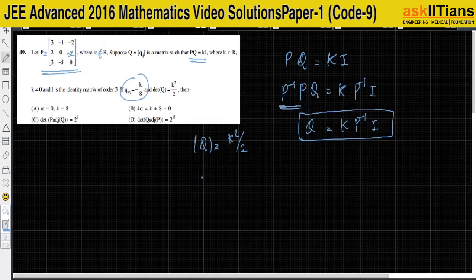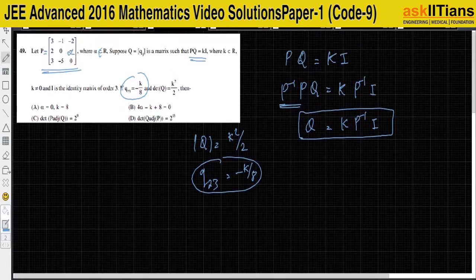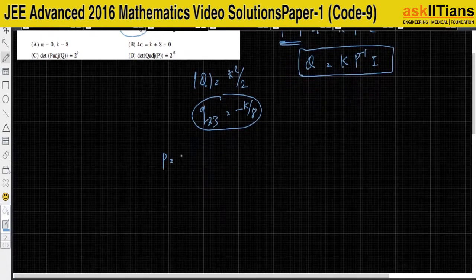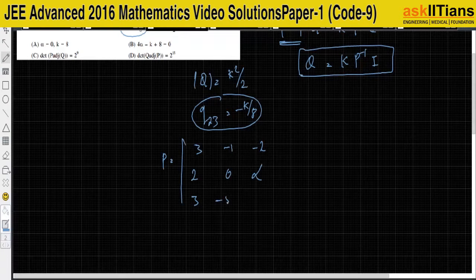and it's also given that this element Q 2 3 is minus K by 8. So let's find out this element of Q. If I consider matrix P as something like this: 3 minus 1 minus 2, 2 0 alpha, 3 minus 5. This is already given in the question.